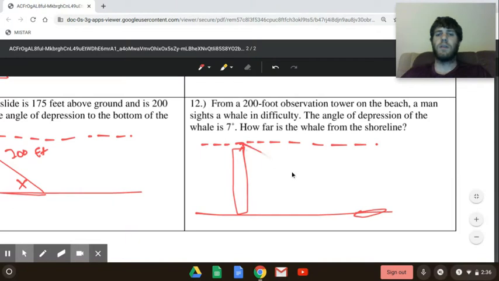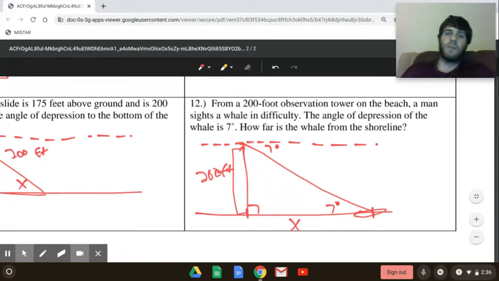Okay. The angle of depression was 7 degrees. How far is the whale from the shoreline? Right. So we're looking for the distance between this point here and the whale. So we're going to call that x. If this is 7 degrees, we know this is also 7 degrees. And we knew that the tower was 200 feet tall.